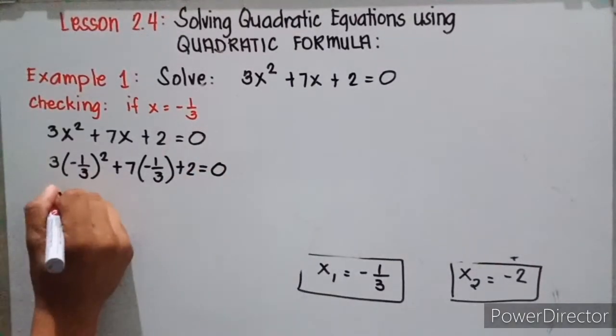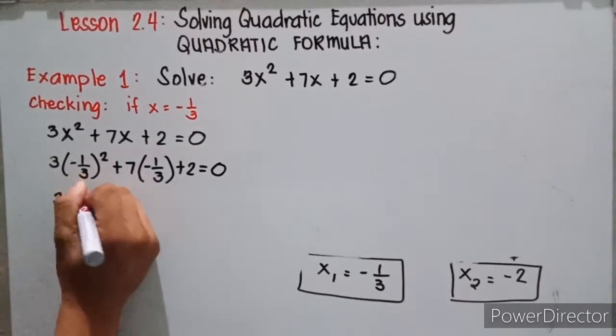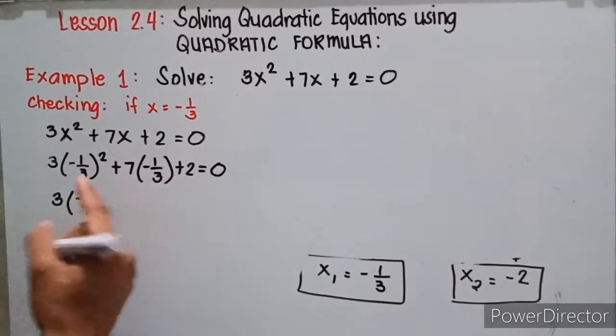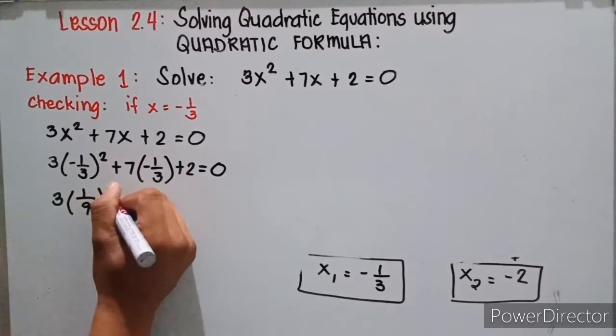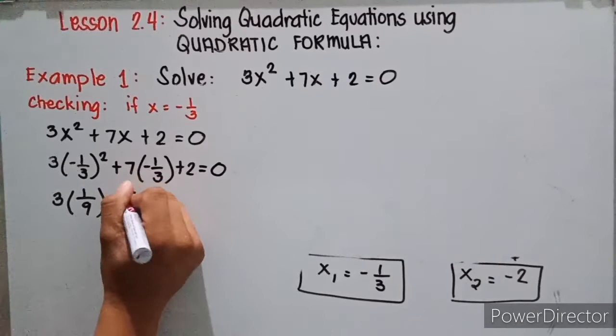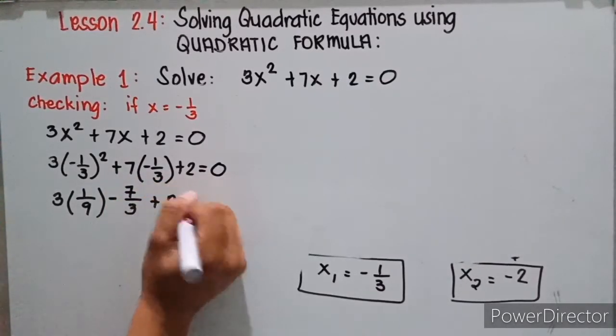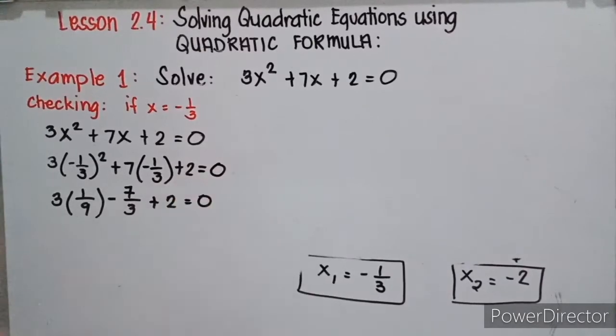So we'll have 3 times negative 1 squared, negative times negative is positive, 1 times 1 is 1 over 9, 3 times 3 is 9. Okay. Then positive 7 times negative 1 is negative 7 over 3. Okay. Plus 2 equal to 0.